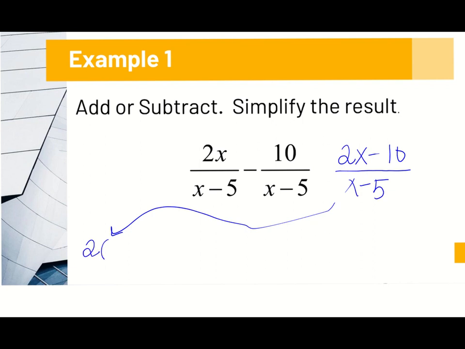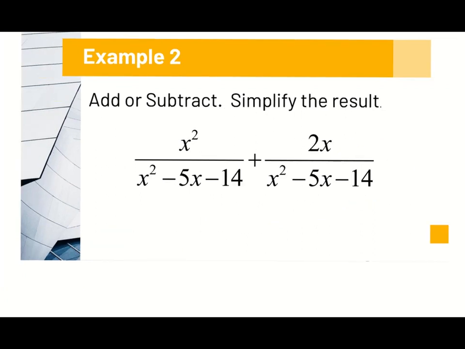And when I take out a 2, I'm left with x minus 5. And in the denominator, I have x minus 5. So remember, if I have two factors that are the same, they cancel. So my resulting answer is just 2. That would be my simplified result, 2.